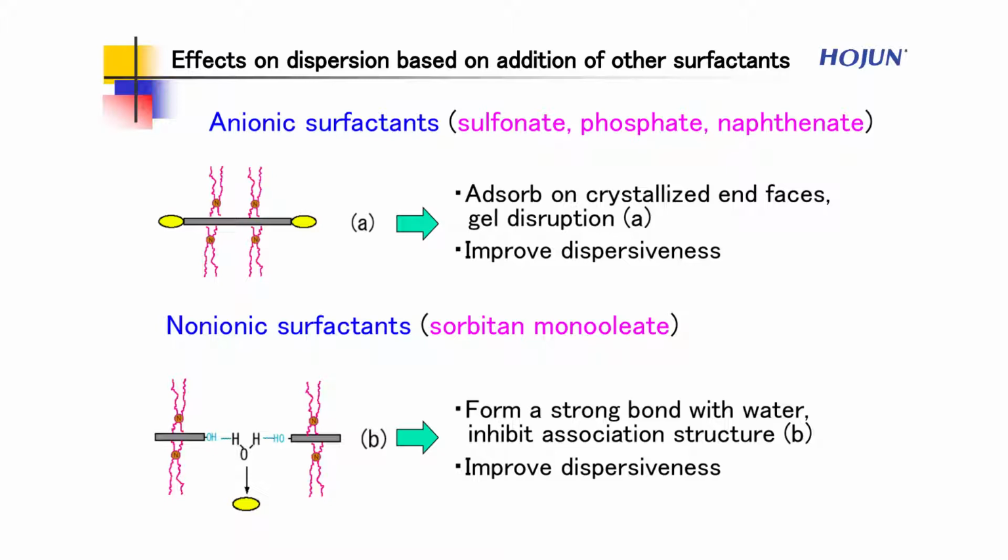Non-ionic surfactants have a property where a part has a strong bond with water, causing water required for association to be taken away, decreasing viscosity. Similar to anionic surfactants, as association structures are not formed, it is sometimes used to promote dispersiveness and decrease viscosity.